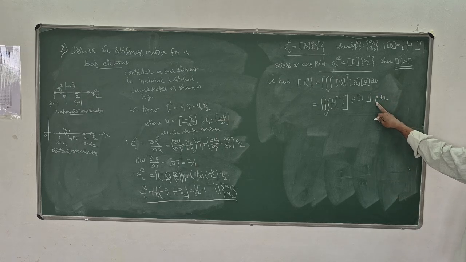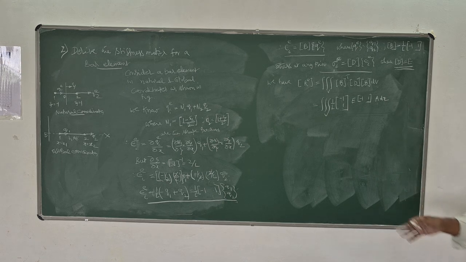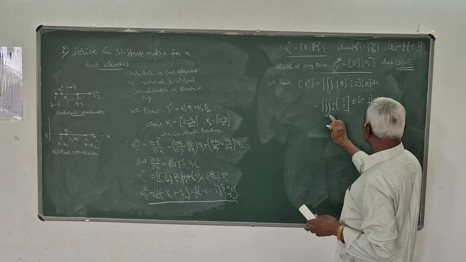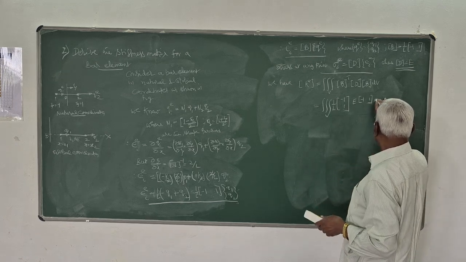Volume is area of cross section into length, the small length at that particular point. When I write this, of course I will retain it as it is.